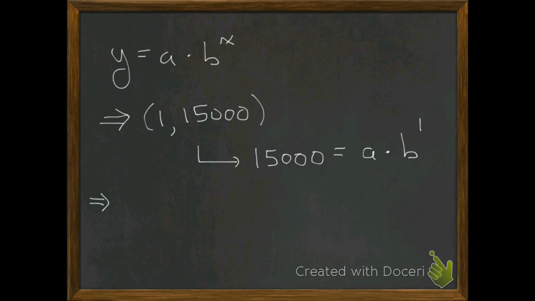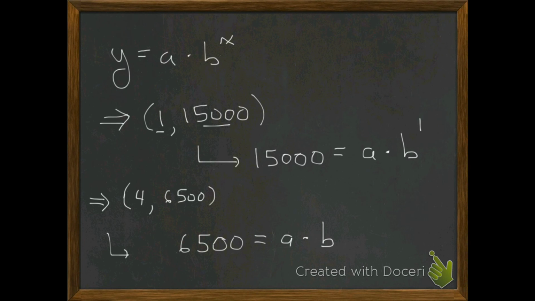All I did was put 1 in for X and 15,000 in for Y. For my ordered pair for 6,500, I get 6,500 equals A times B raised to the fourth power.